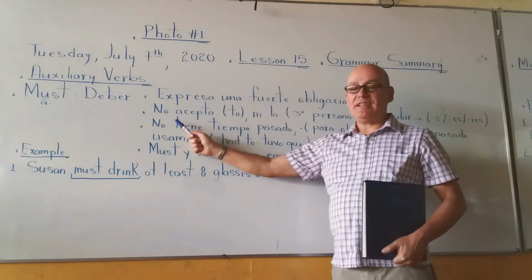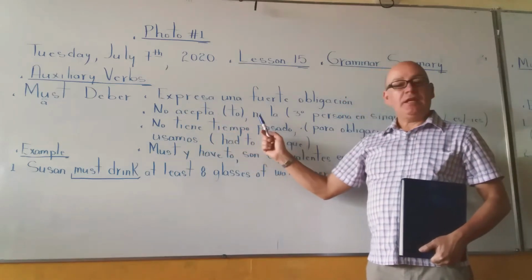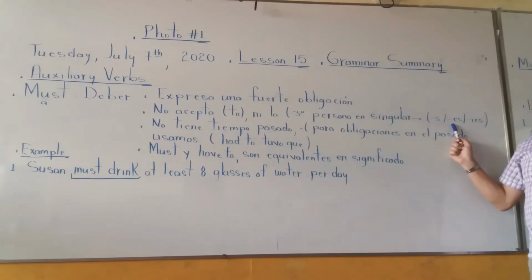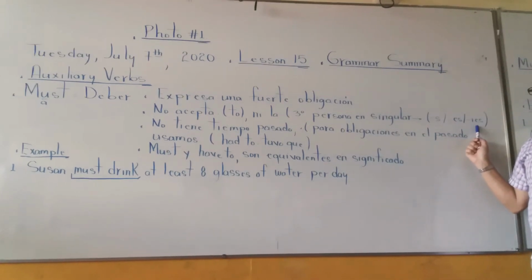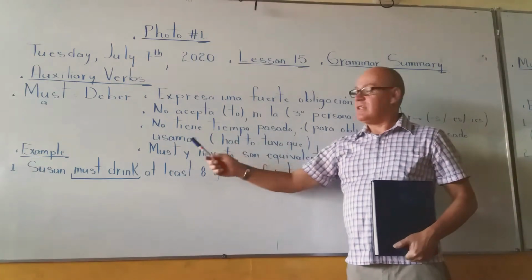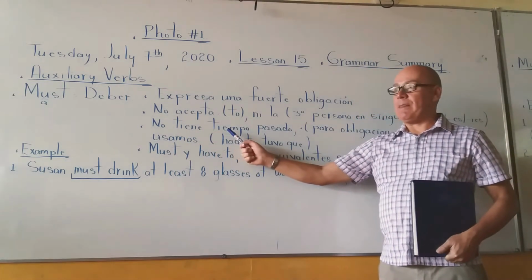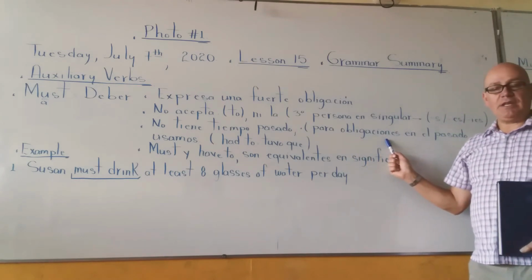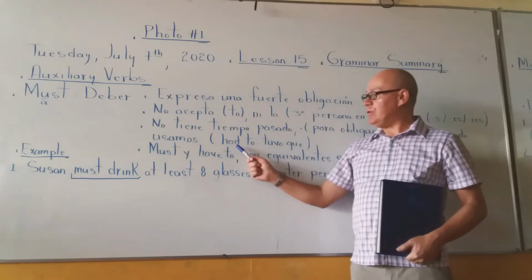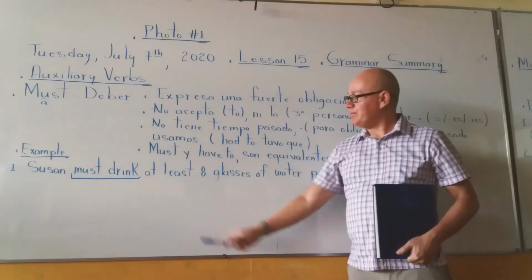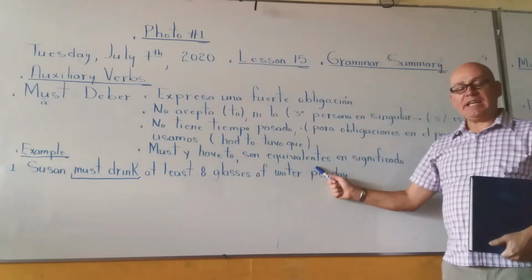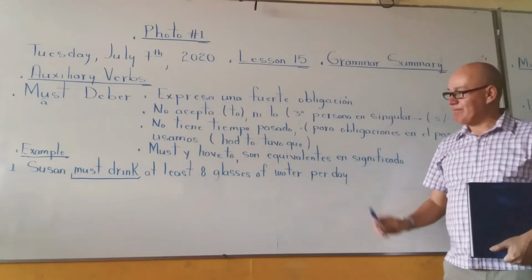Mustn't doesn't accept the third person singular endings s, es, ies. Mustn't doesn't have any past tense. For obligations in the past tense, we use have to. Must and have to are equivalent in meaning.